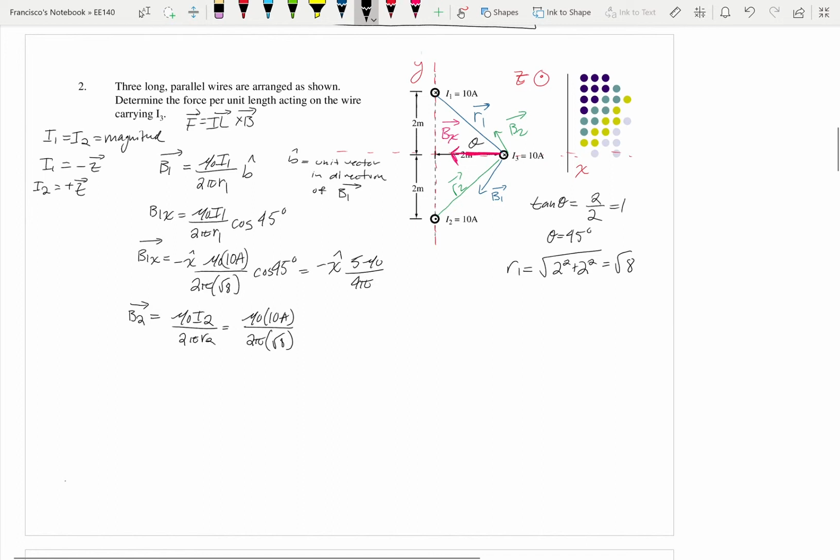Okay, again, we're trying to find the x direction because the resultant vector is going to be in the x direction. That way, we want to find the x component of B2. Now, we are dealing with a vector, so this has to be B2 hat. Let's call this one B1, B2. B2 hat is going to be the unit vector in the direction of B2, okay?